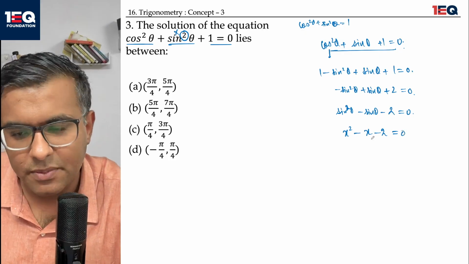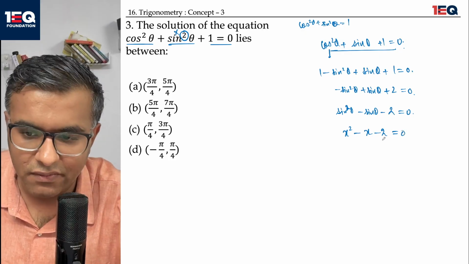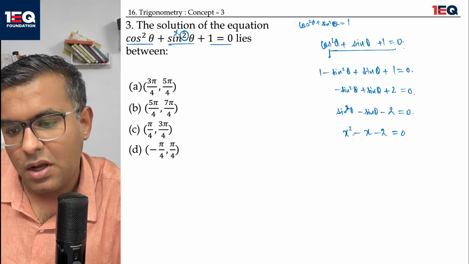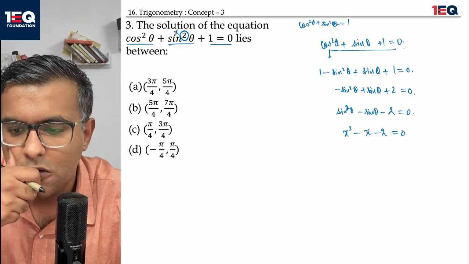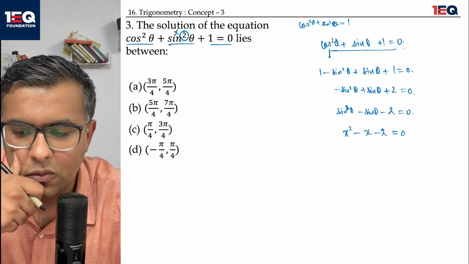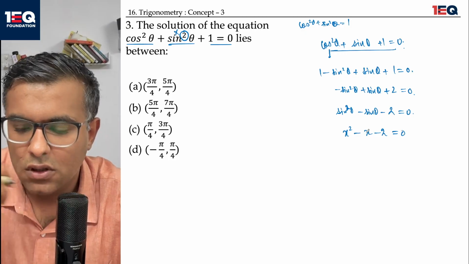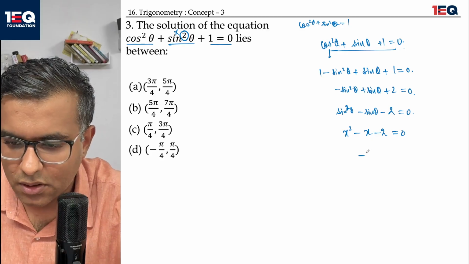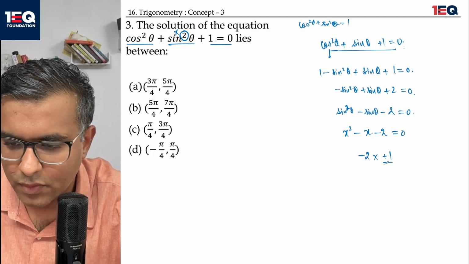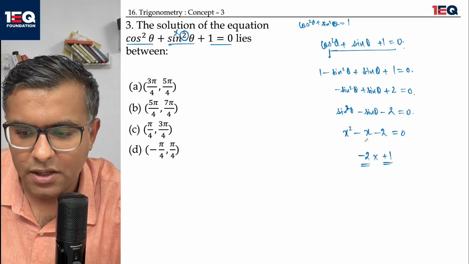Let me split the middle term and try to find out where we are right now. I need to have a minus 1 and a plus 1. No? How would it go forward? It should be a minus 2 multiplied by a plus 1.